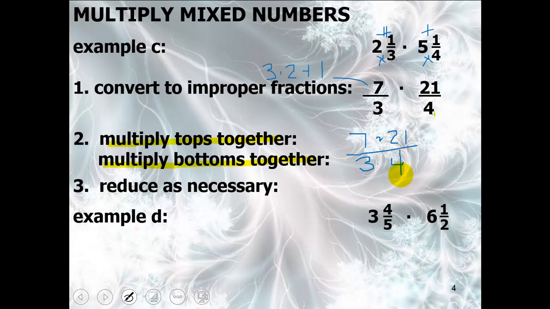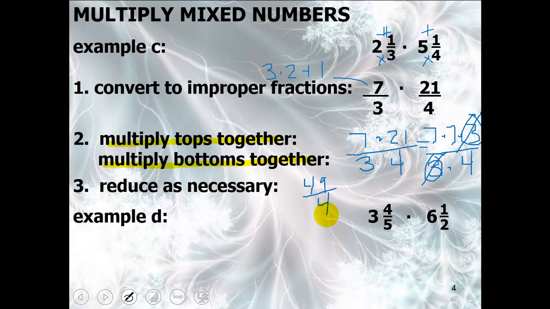Now, I'm going to rewrite 21 as 3 times 7. So I get 7 times 3, and then I have 3 times 4. And notice that I have a 3 in here that can cancel. So I get 49 over 4.